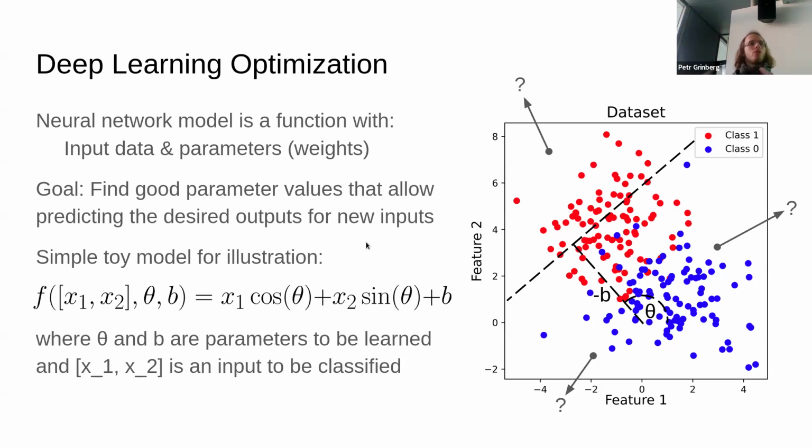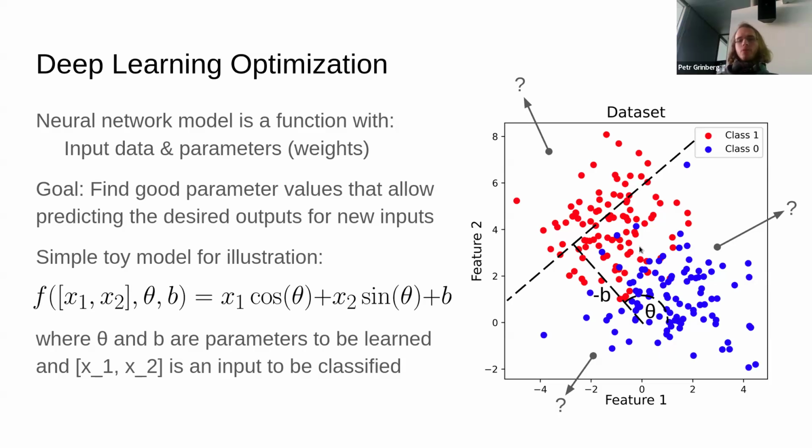The backward step updates these parameters, and your goal is to find good parameters that allow predicting the desired outputs for some new inputs.